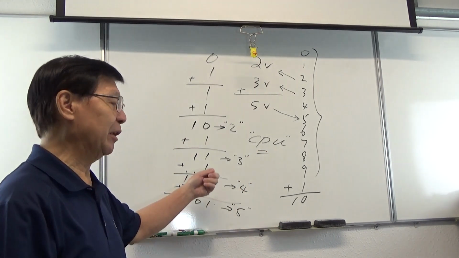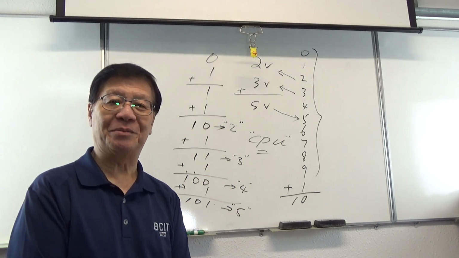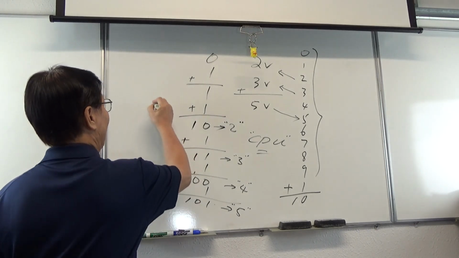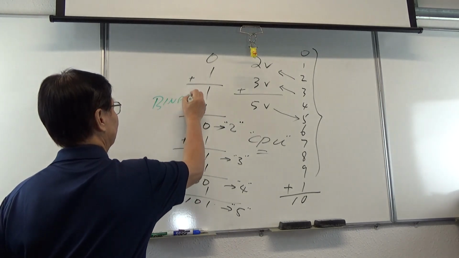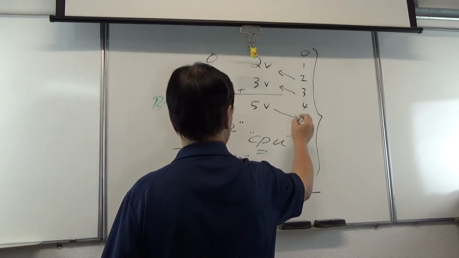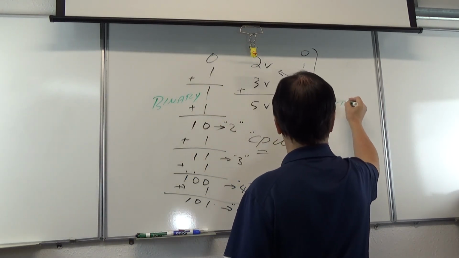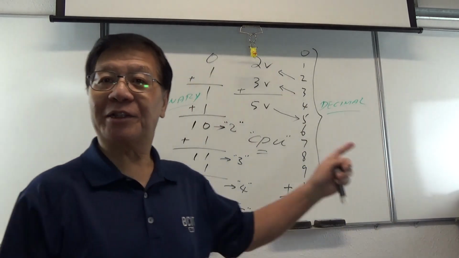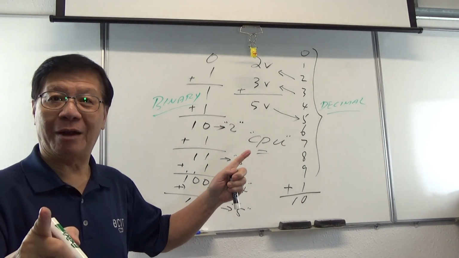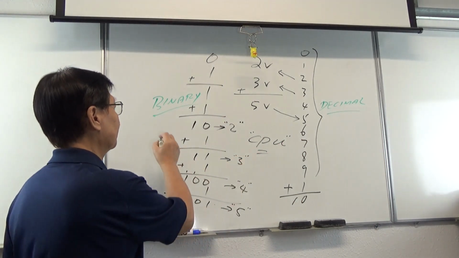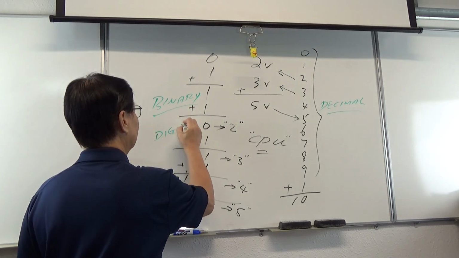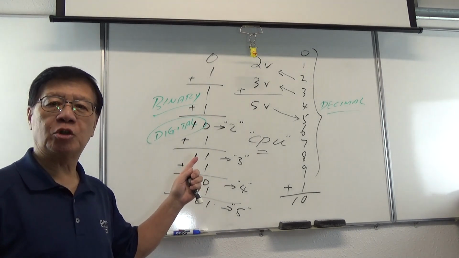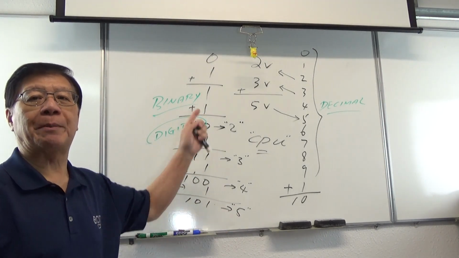It processes in the new system, which is named the binary system, as opposed to the decimal system, right? The binary system has another name: digital. We are always talking about digital systems now. So what is digital? Digital is a binary system. That's it.